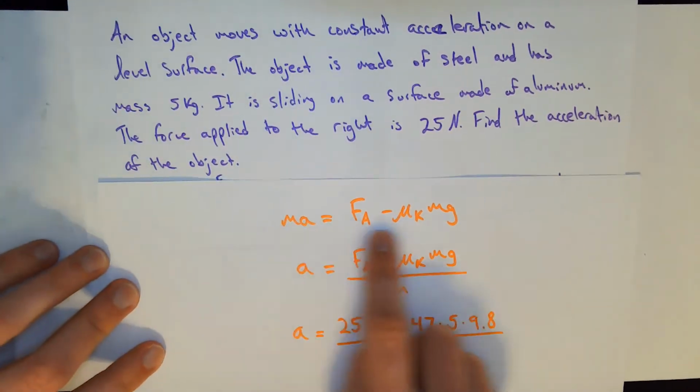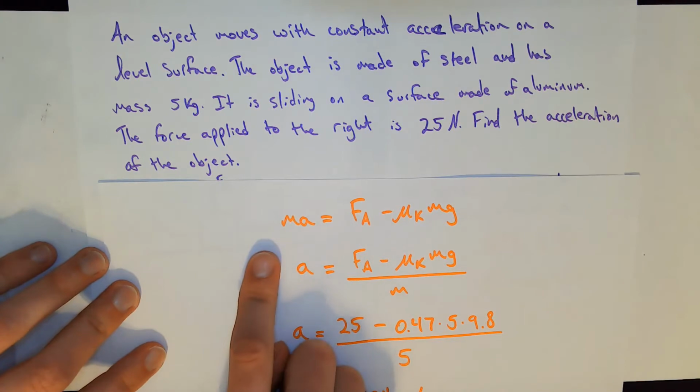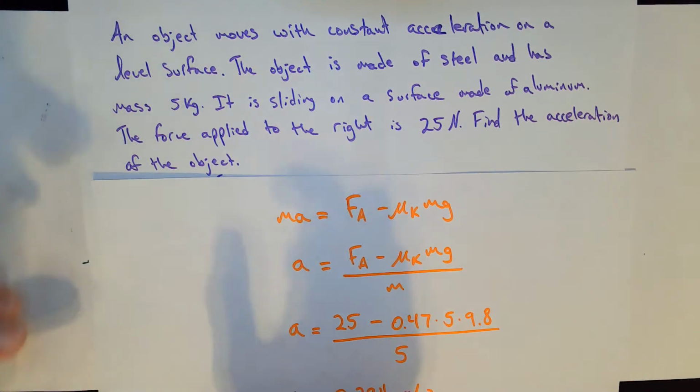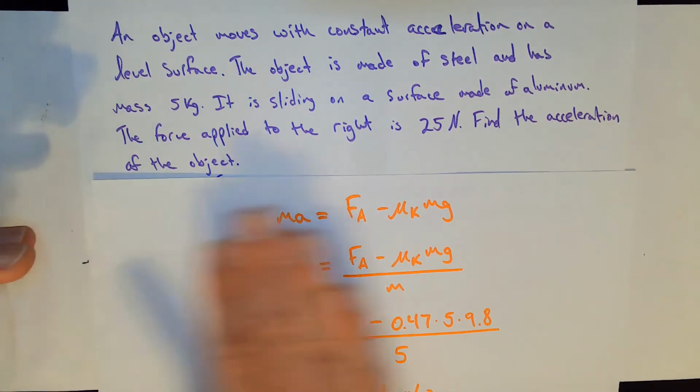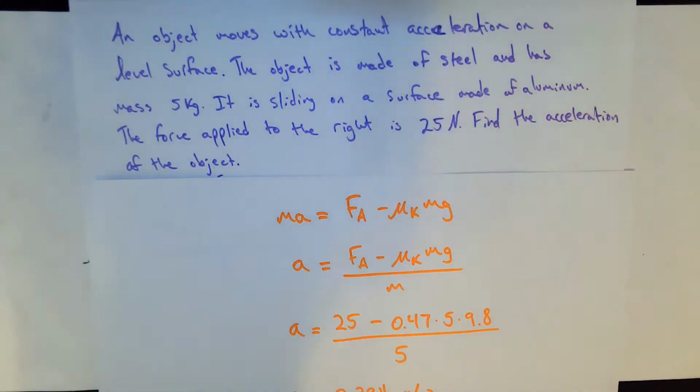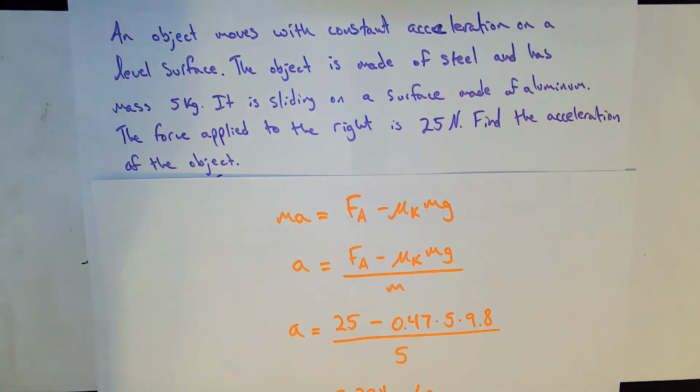This is going to be the defining relationship for any problem that deals with an object on a level surface sliding with a constant acceleration. Well, a non-zero acceleration. All the problems we're dealing with here, if there is an acceleration, it's definitely constant. At least for now.